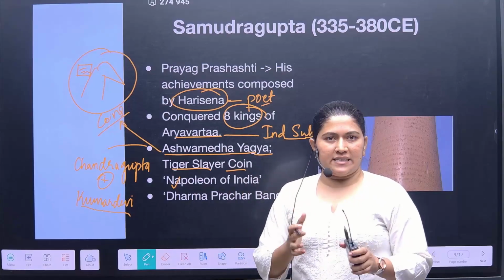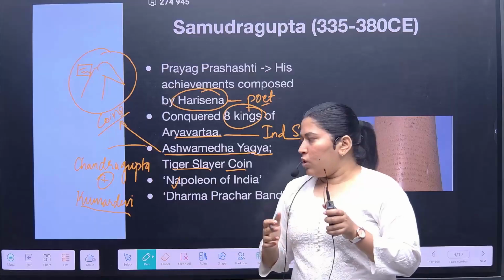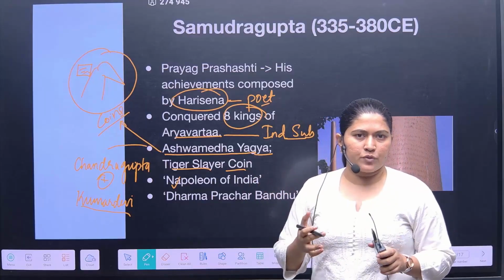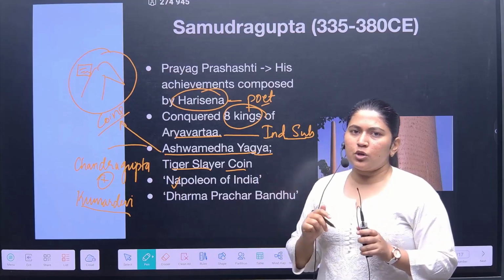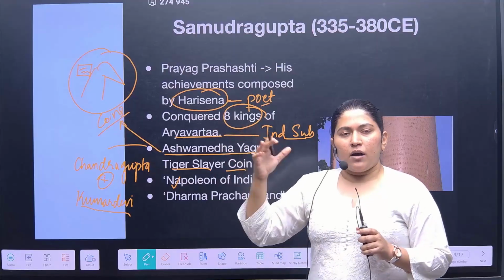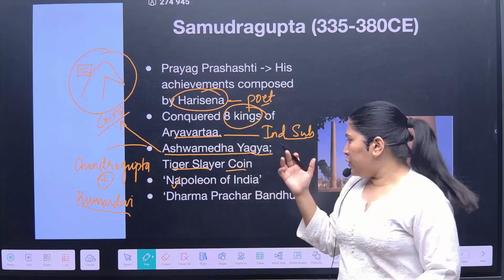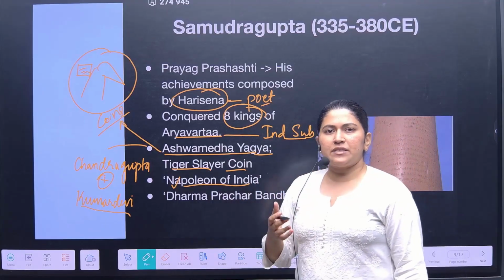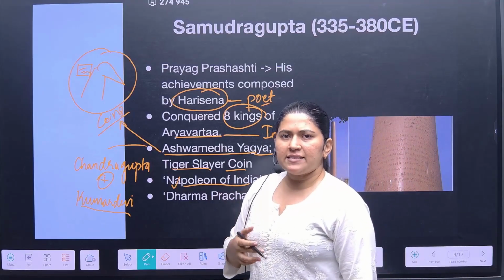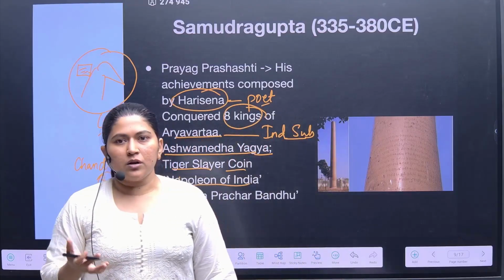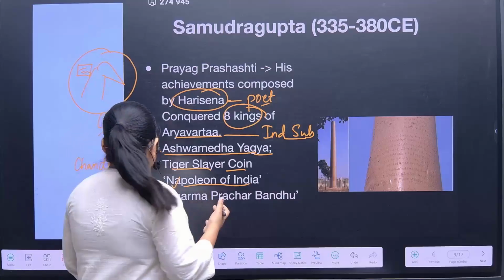Samudragupta also had similar goals and aims, and that is why, as he expanded the Gupta Empire to its zenith, he would be known as the Napoleon of India. So in the state services prelims, if the question arises who was known as the Napoleon of India, it is Samudragupta.